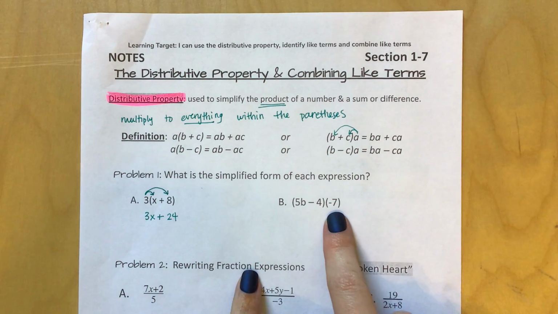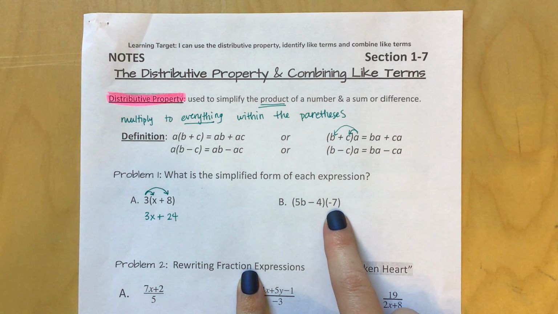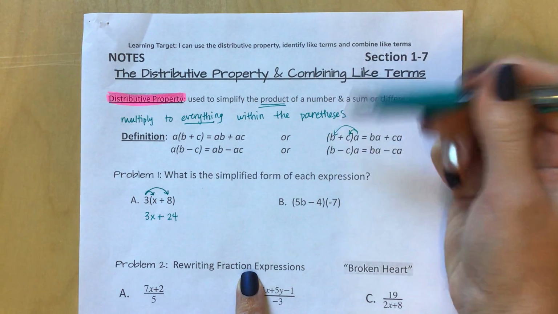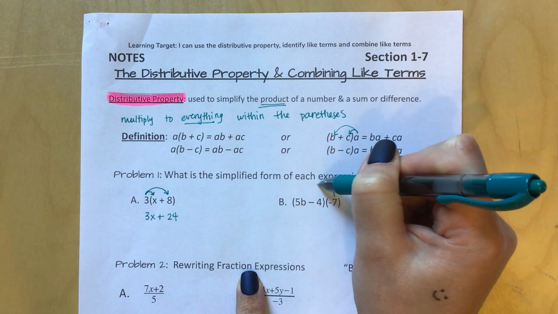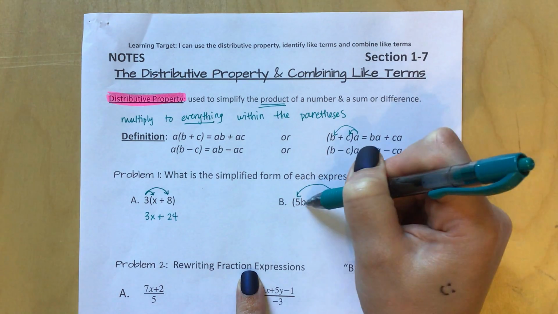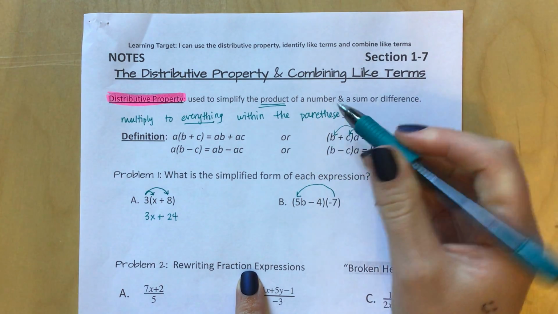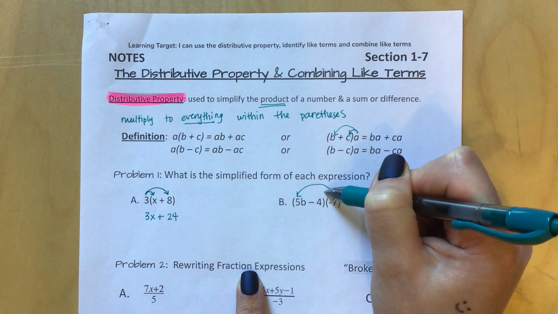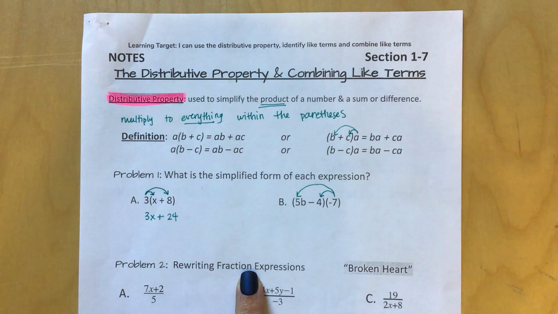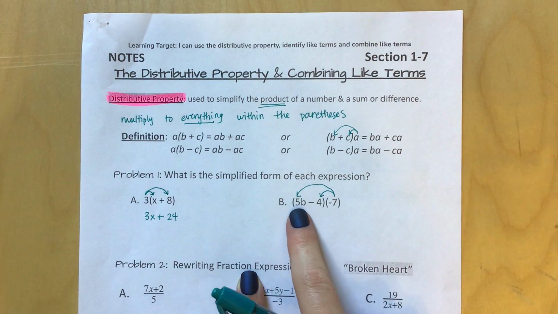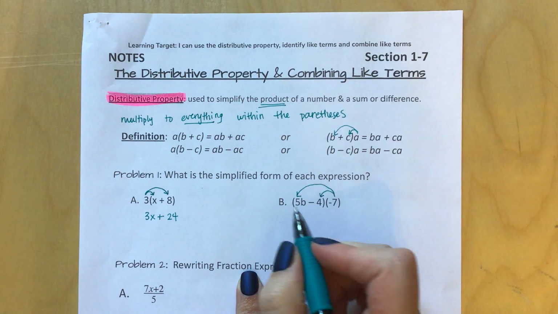Okay, now we have -7 in the back of our expression. That's okay. We're going to still solve it the same exact way. So we're taking -7 and we're multiplying it by 5b, and then we're taking -7 and multiplying it by 4. Well, a negative times a positive is going to get me negative.